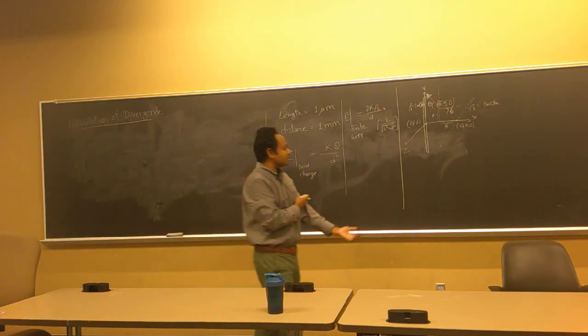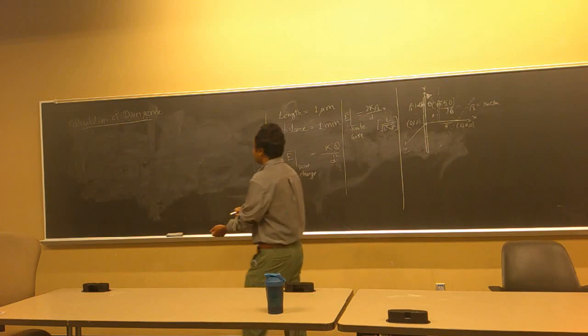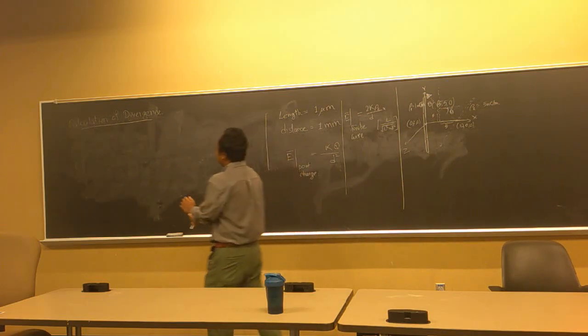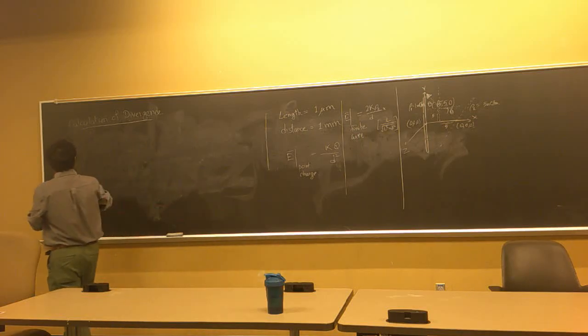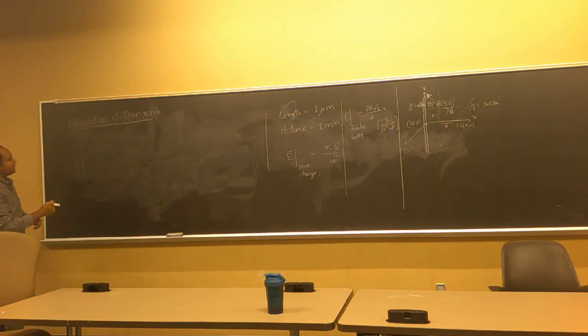The calculation of divergence basically helps us to identify wherever we have a source of charge in our point of interest of space.